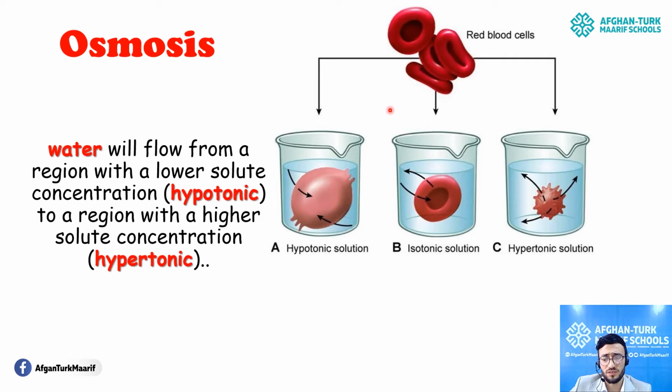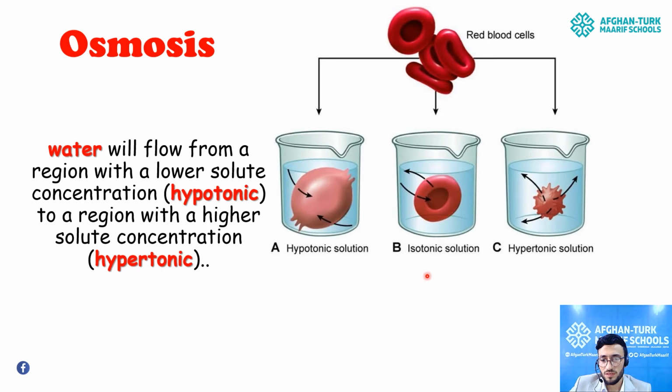So in these different osmotic pressures, the cells will act quite differently. As you see, in hypotonic solutions the entrance and diffusion of the water is in one way. It means the water from outside gets inside the red blood cell, so it causes the red blood cell to burst open.